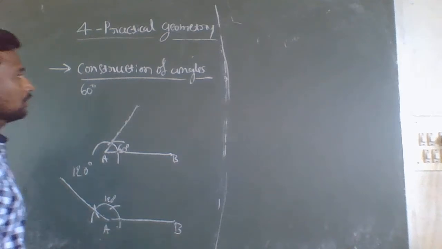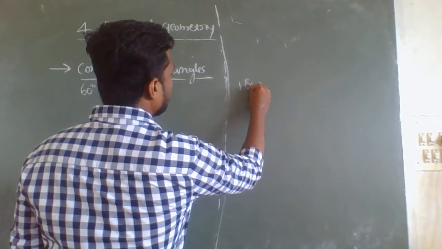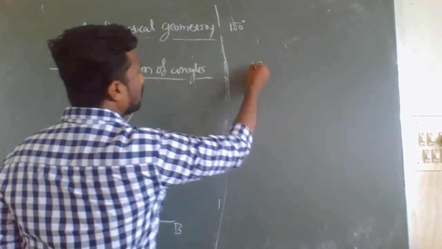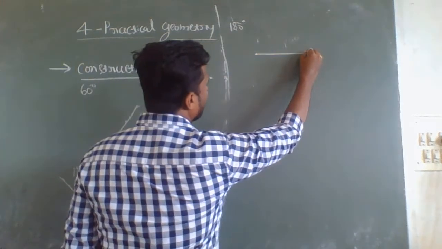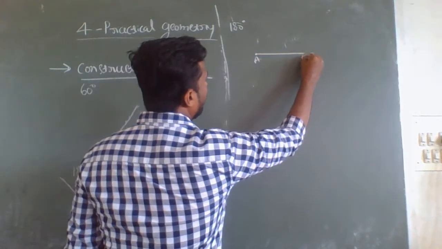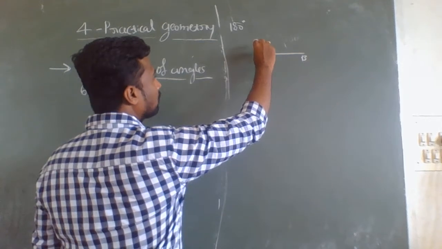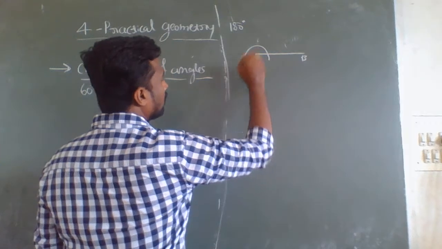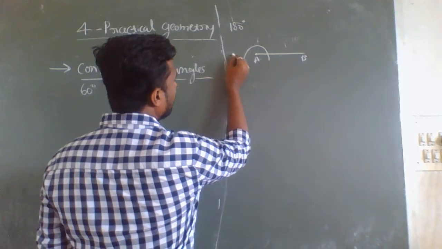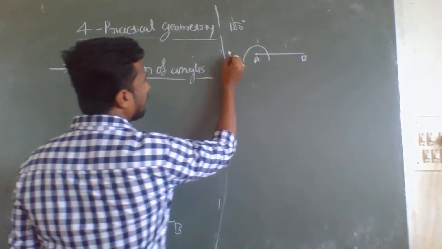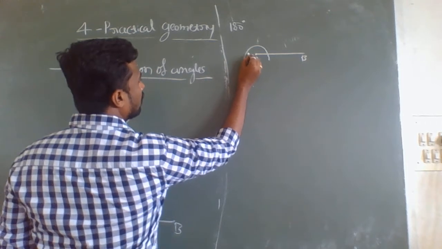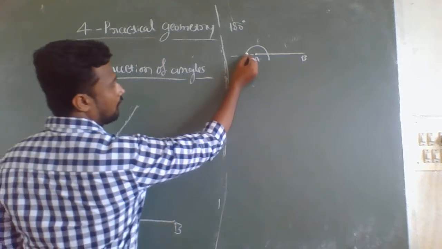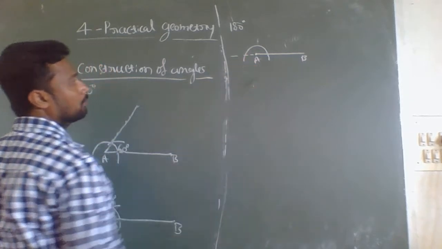Now if you want 180 degrees, you can draw line AB, and by keeping the compass on point A, I will draw an arc and extend this line from point A. Here I will get an intersecting point.